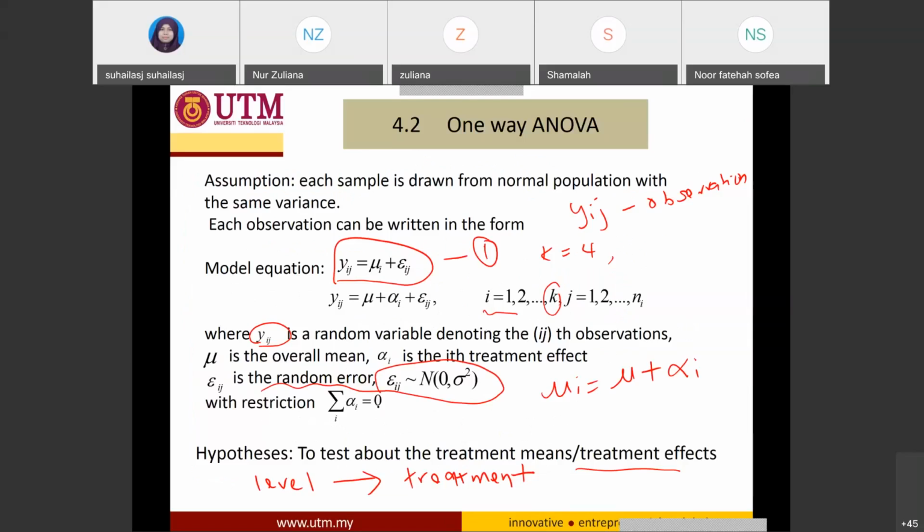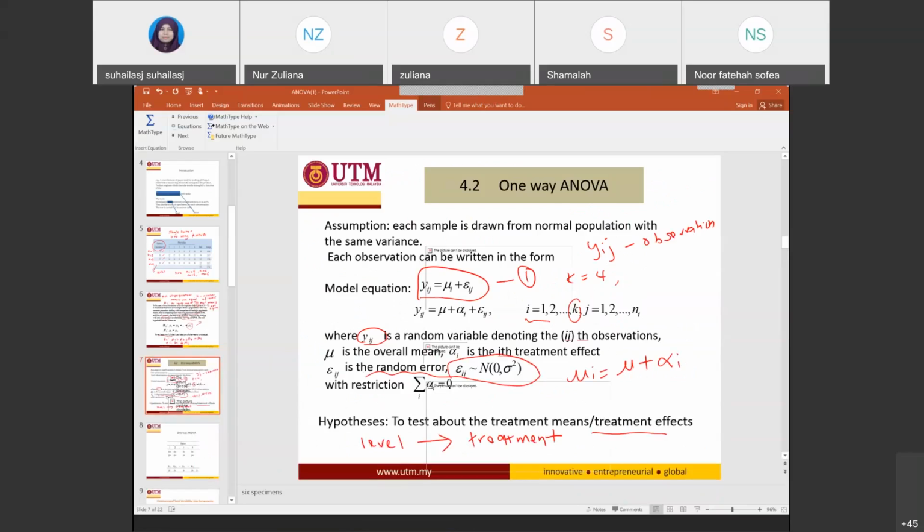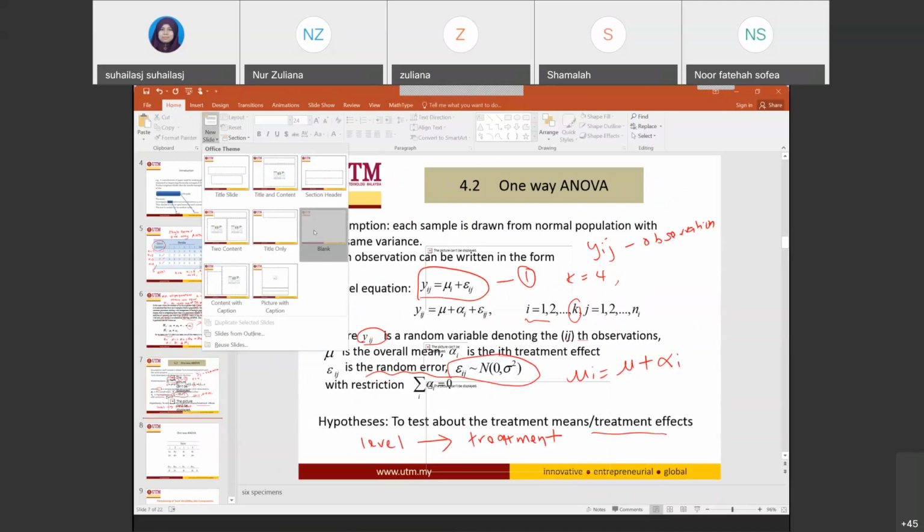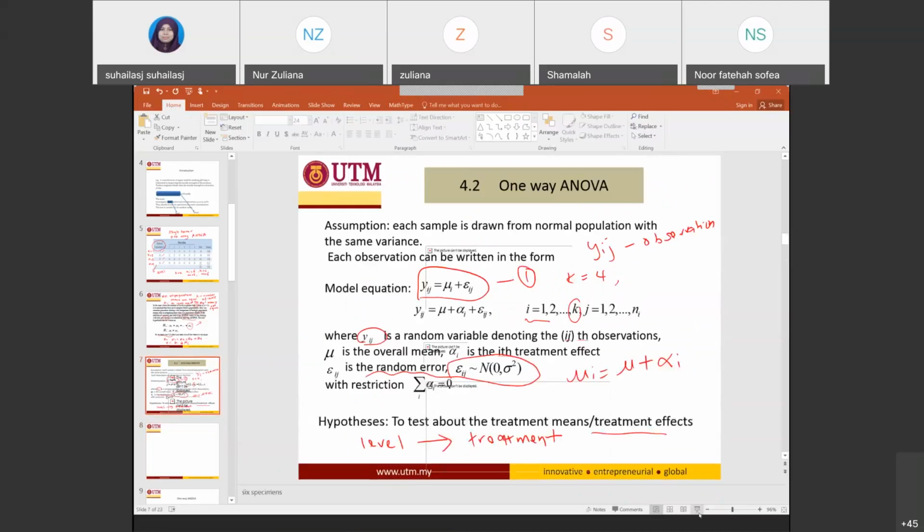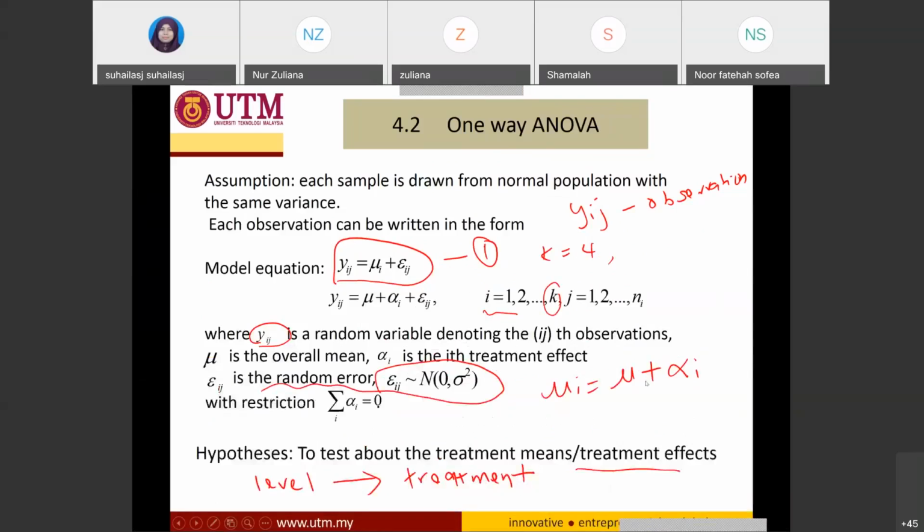Okay, we go back to our assumptions. Let me write it again. We look at the assumptions of one-way ANOVA. The first assumption: each sample is drawn from a normal population with the same variance.